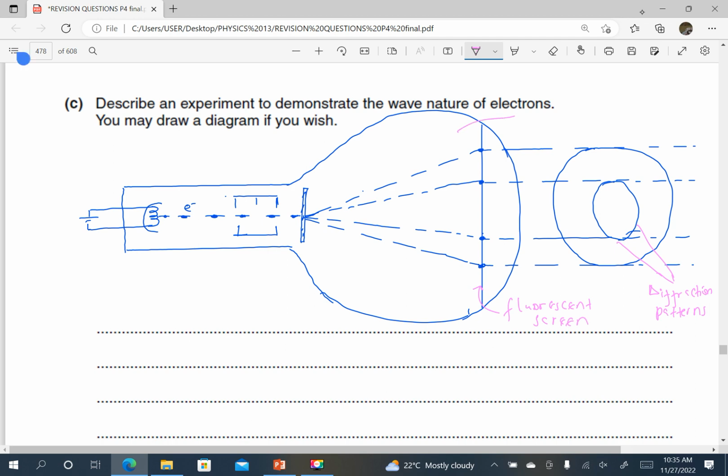Of course, this is an evacuated tube, so this is a vacuum. So here we have a thin graphite layer or carbon, because graphite is carbon.